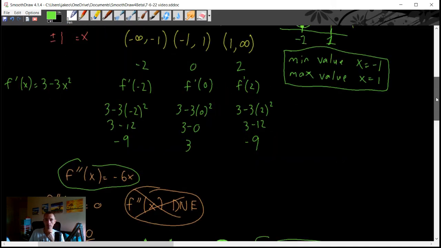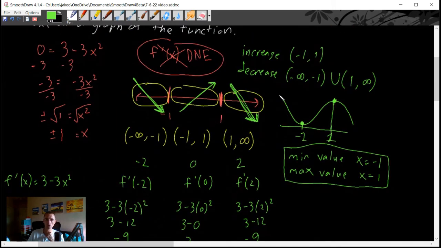It's going to be curving up everywhere to the left of that, curving upward off to negative infinity in this direction. At x equals 0, we switch from curving upward to curving downward. So we're curving up until we get here, then we start curving down. We hit a maximum at x equals 1, and then we keep curving down and going down.